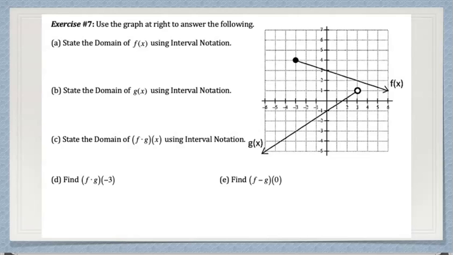All right, and finally, let's look at some graphs. I have 2 functions here, they're both lines. The domain of f of x is, what do we have? Negative 3 to infinity. The domain of g of x is going to be negative infinity up to positive 3, not included.